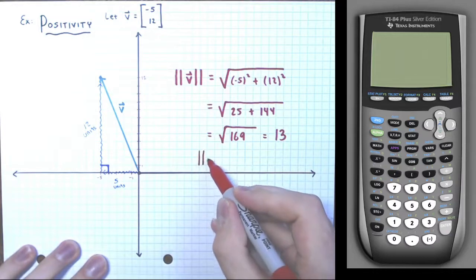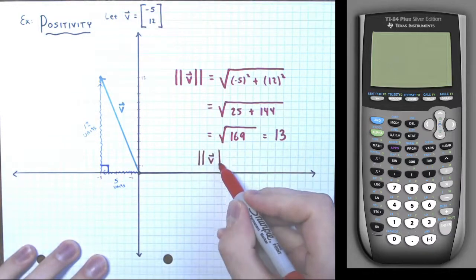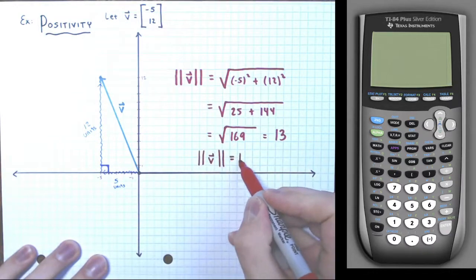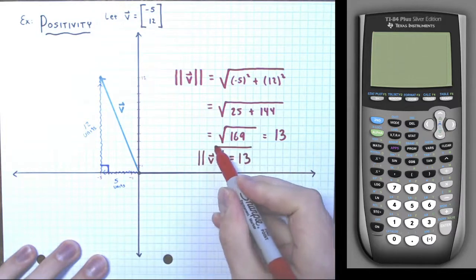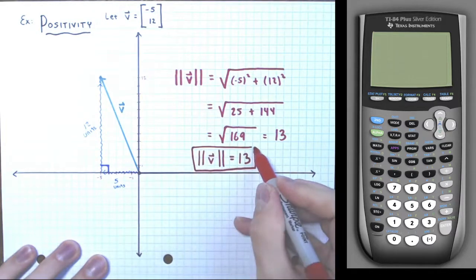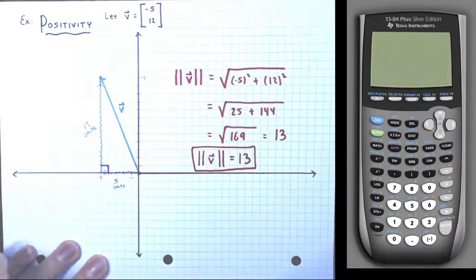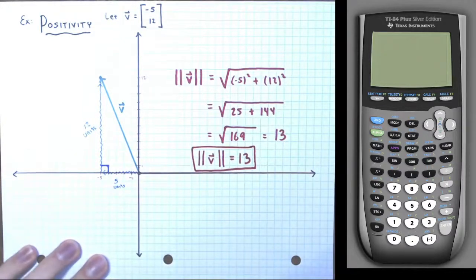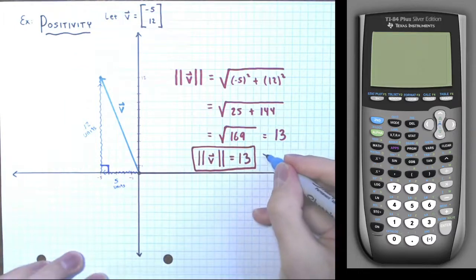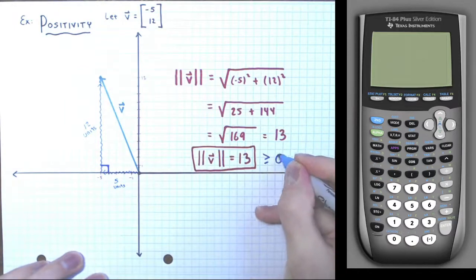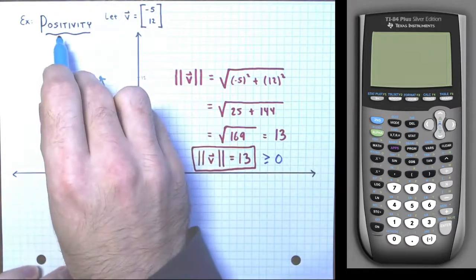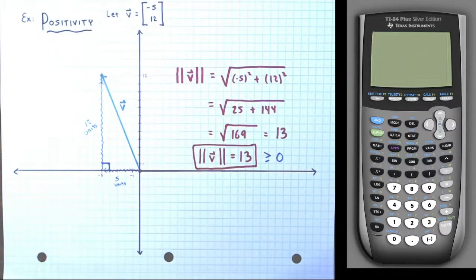So the magnitude of V, the norm of V, is 13, which is definitely non-negative. That is greater than or equal to 0. In fact, it's greater than 0. But just one demonstration of the positivity property.